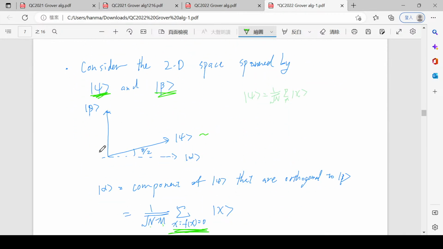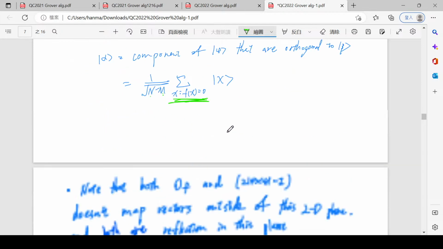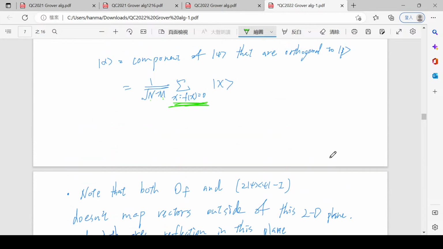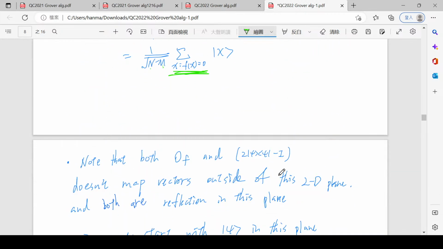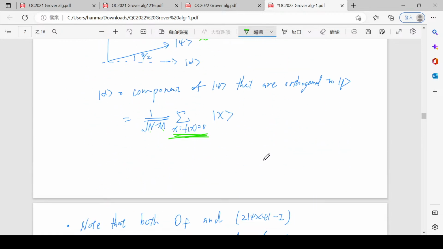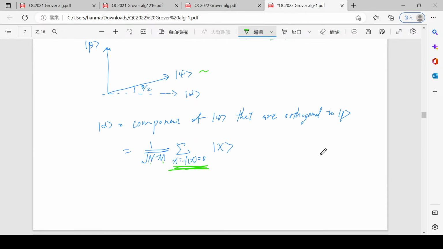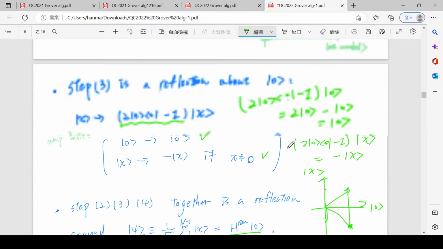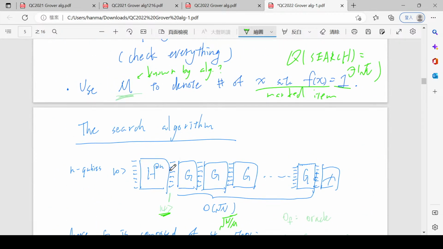Not too hard. And so now we are considering this space spanned by beta, psi, and alpha. And the good thing is, we need to justify that we only need to look at this two-dimensional space. And that's because our algorithm starts in the space. Not quite, but if we think our algorithm actually starts here, right?